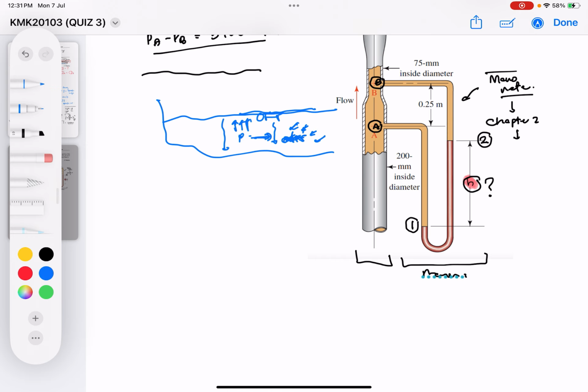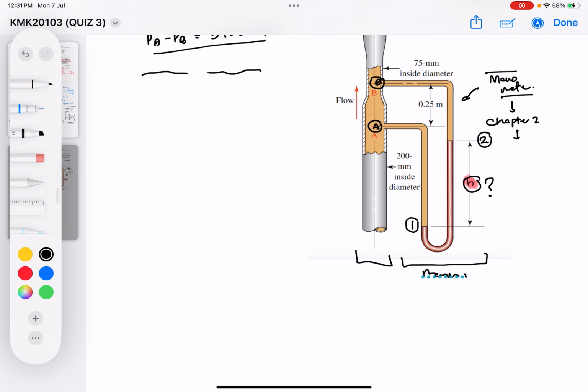So applying that concept, I can say that between point 1 and point A here, the pressure, not potential energy, but the pressure at point 1 is actually higher compared to the pressure at point A, because the deeper I go, the higher the pressure.